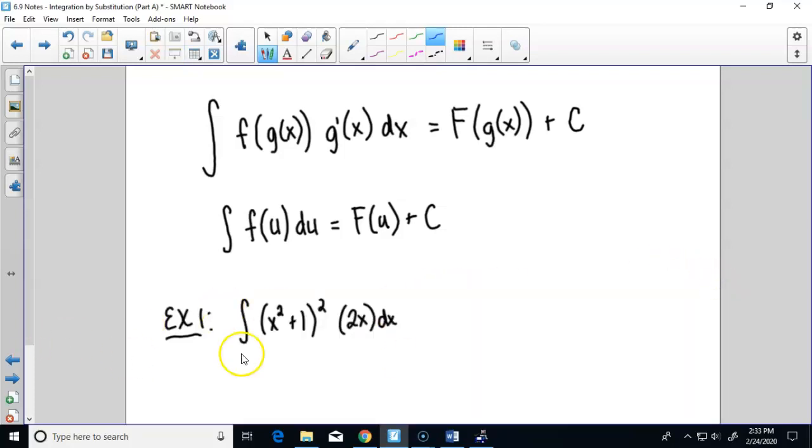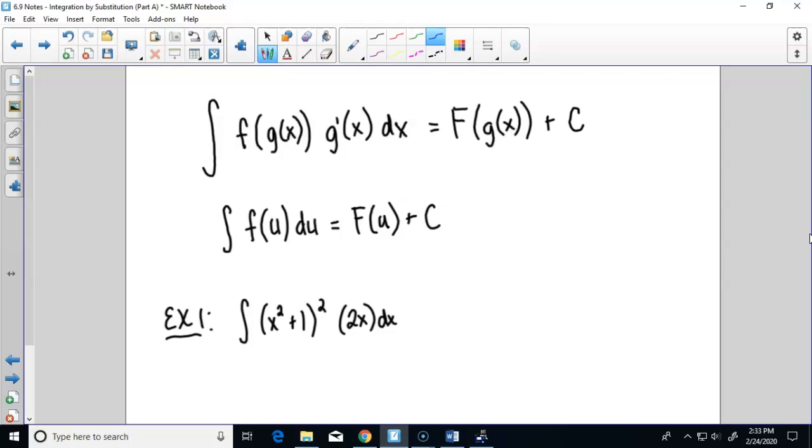And so here is our first example that we're going to do. We have the integral of x squared plus 1 squared times 2x dx.